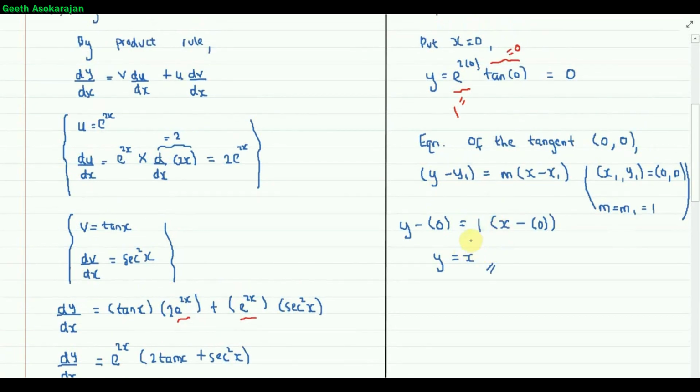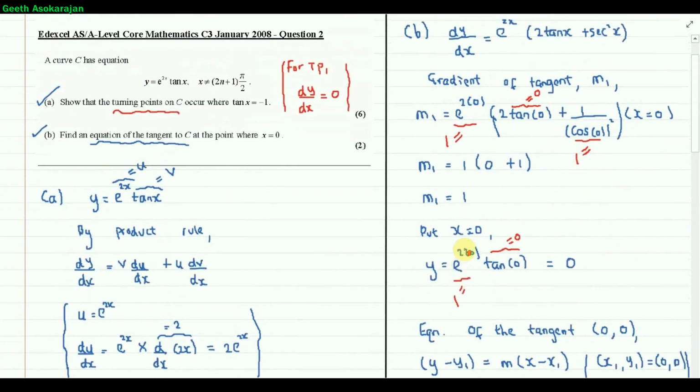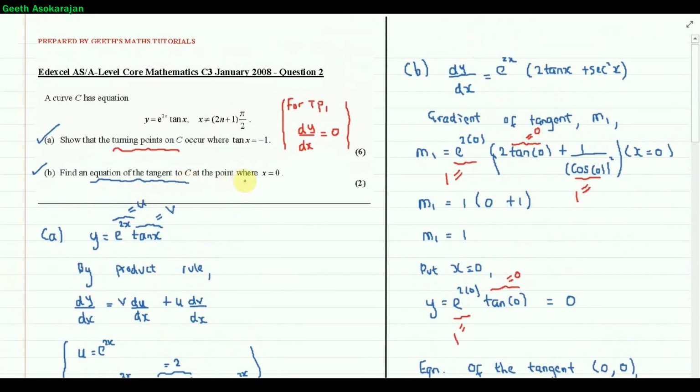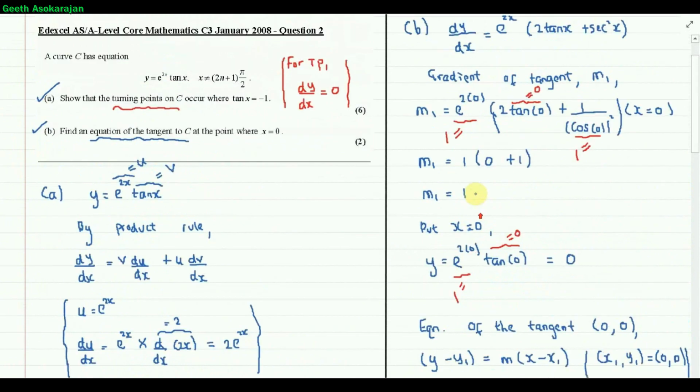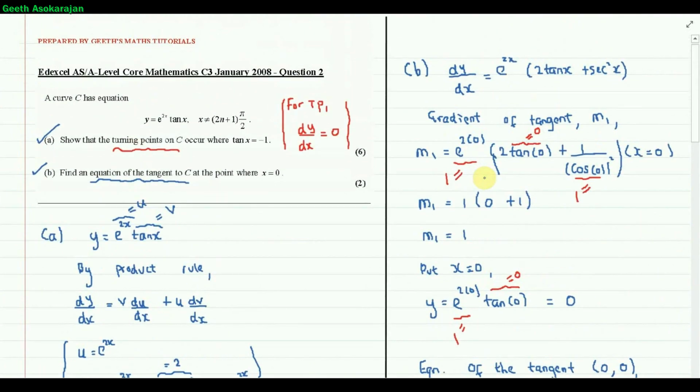So this should be the solution for the equation of the tangent to the curve C at the point x equals 0. So that concludes part B, and that sadly ends the video as we completed the question in its entirety.